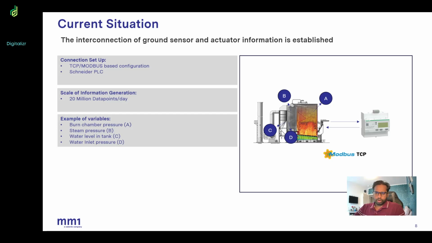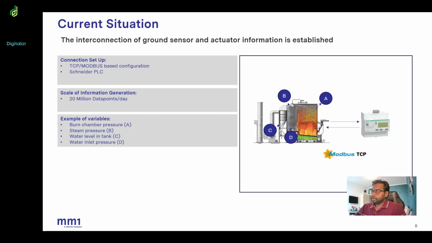We have a boiler system, and this boiler system is operated with a typical PLC machine, and this PLC machine is responsible for opening the ventilator and starting up the motors.